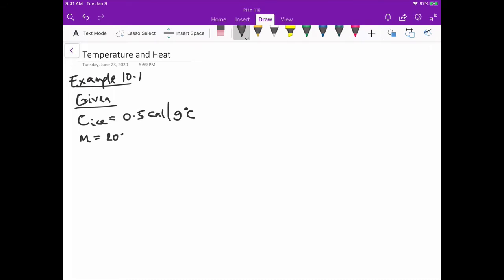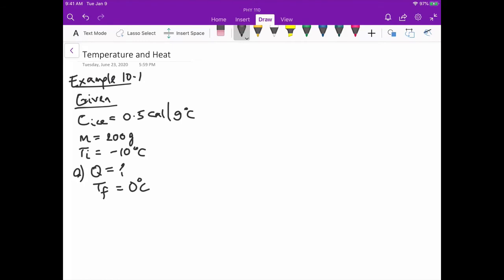So the mass is given, and the initial temperature is given, which is negative 10 degrees Celsius, to raise the ice to the melting point. So question A is, how much Q do you need if the final temperature is the melting point? Melting point means 0 degrees Celsius.